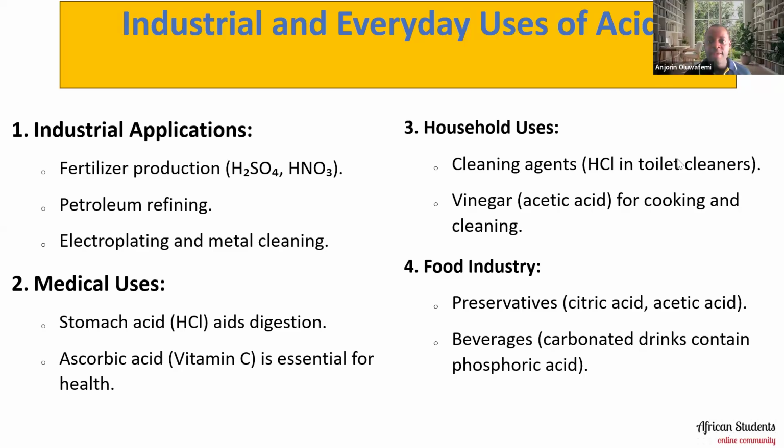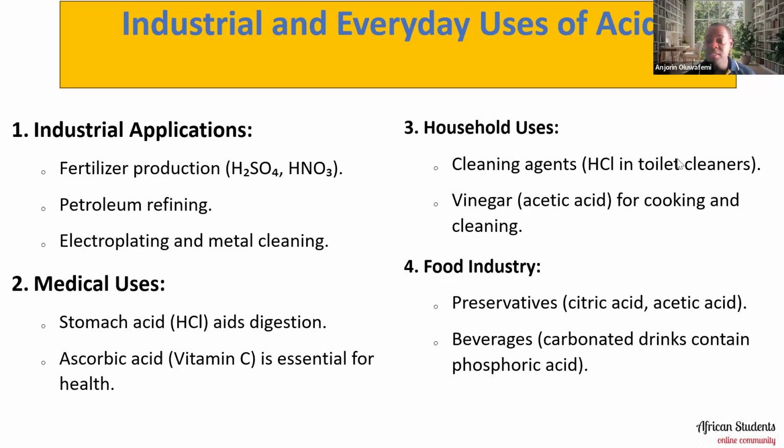Also, household uses include acids as cleaning agents. I've talked about this before. We have HCl being used in toilet cleaners. Then we have vinegar, which is acetic acid, for cooking and also for cleaning. In the food industry, we use acid in different ways, as a preservative.